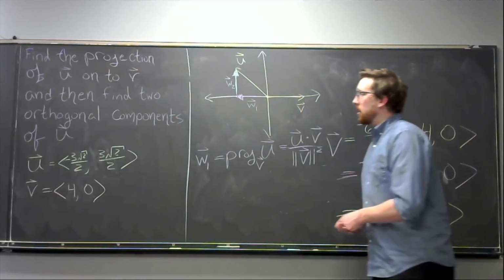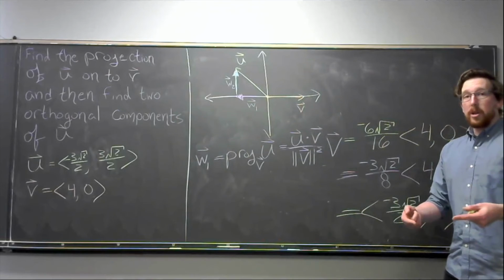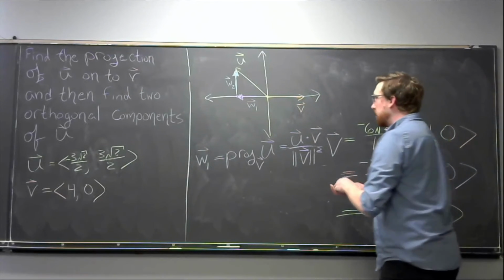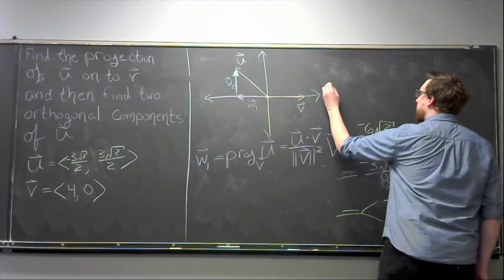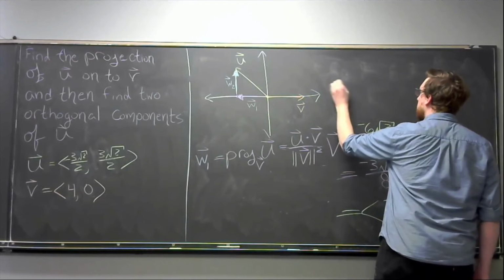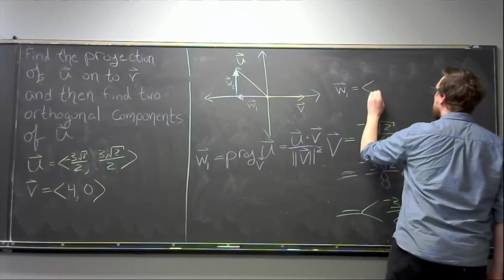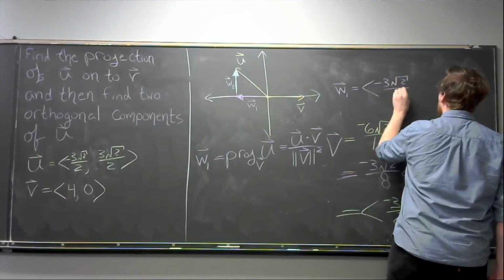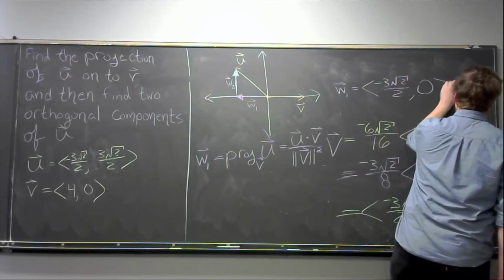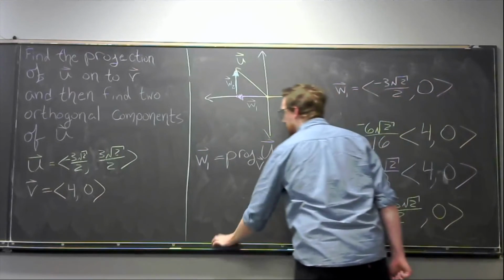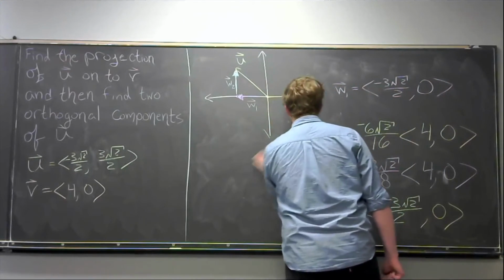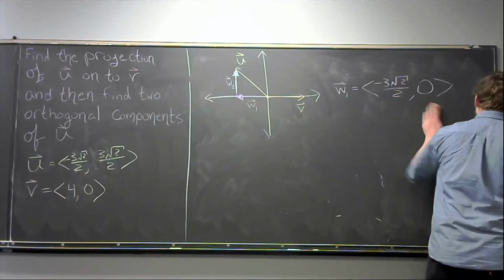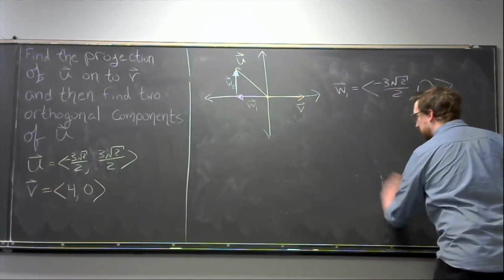That means the remaining component is just going to be the y component. So we just found that W1 is equal to negative 3 square root of 2 over 2 comma 0. And when we subtract that from u, we're going to get just the y component.